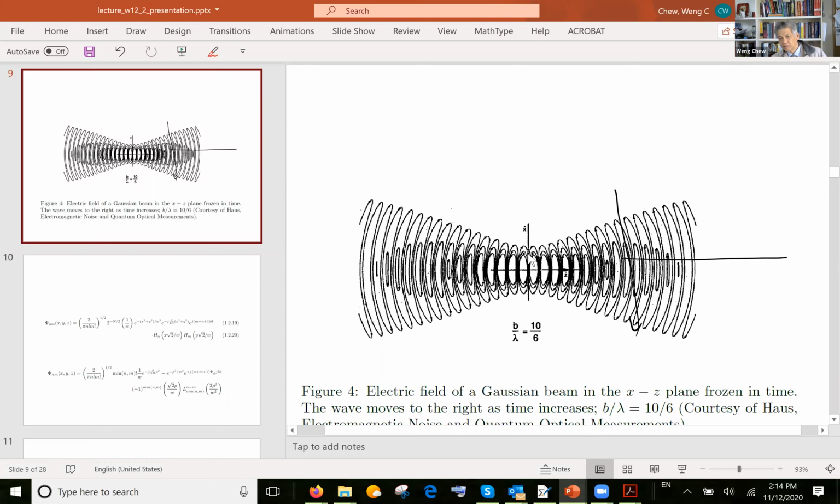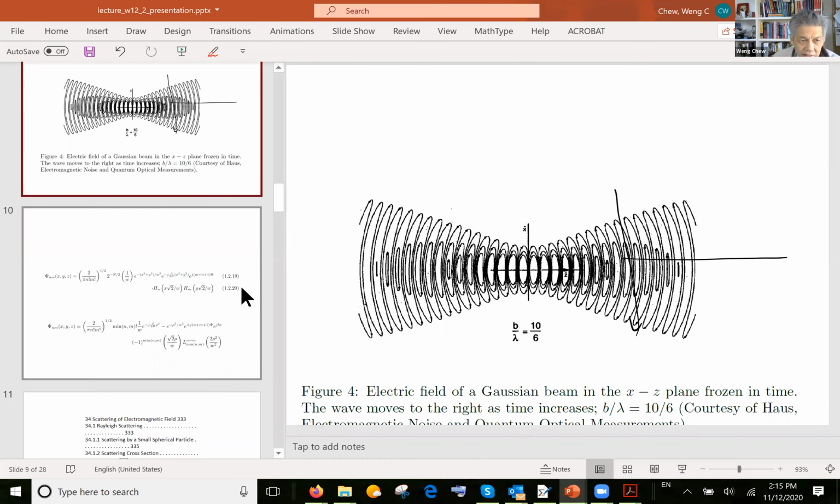Okay, so it turns out that this Rayleigh distance that you've seen in your homework is proportional to 1 over lambda. So when the wavelength is very short, the distance of collimation is longer. The Rayleigh distance is also longer. And the laser beam can get collimated for a longer time before it diverges. Okay, I'll let you contemplate on this physics more.